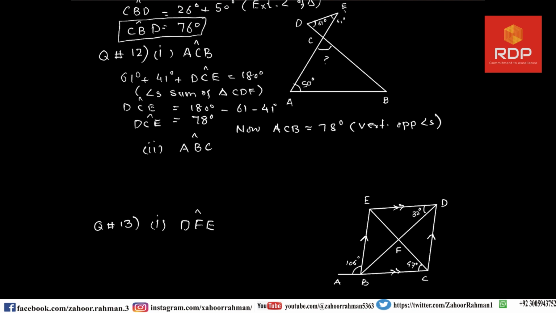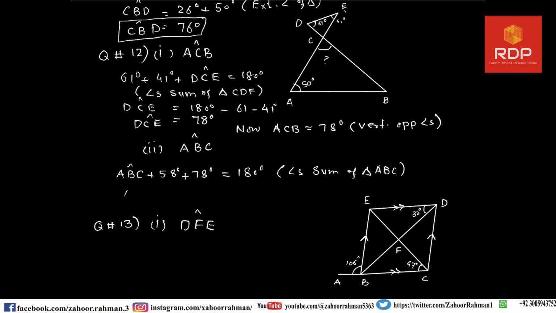Vertically opposite angles. In the second part, they are saying to find ABC. So we have to find the ABC, which is this angle. Now it is very easy. We can write ABC plus 50 degrees plus, we found right now, 78 degrees, and that is equal to 180 degrees, and I am writing angle sum of triangle ABC.